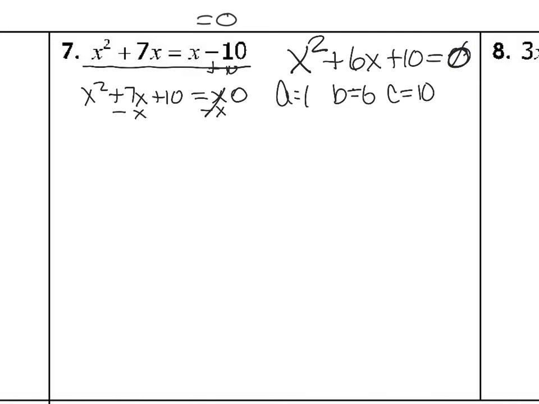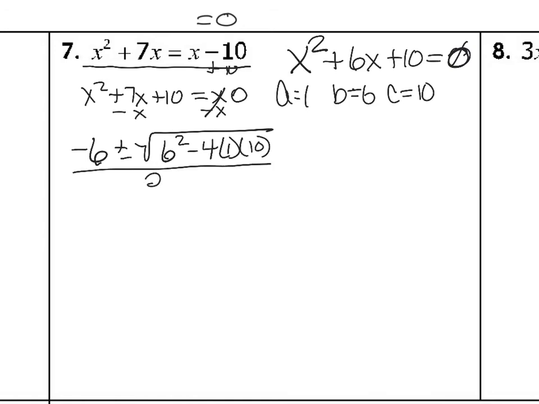Now we're going to put those into our formula. Opposite of B, which would be negative 6, plus or minus square root of B squared, so 6 squared minus 4 times A times C, over 2 times A.